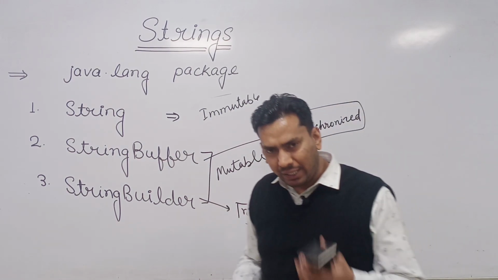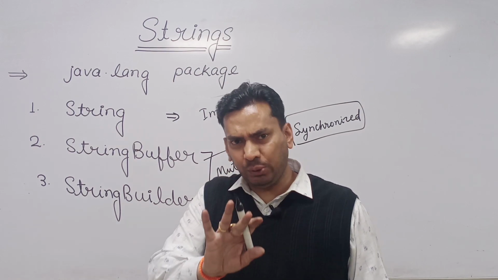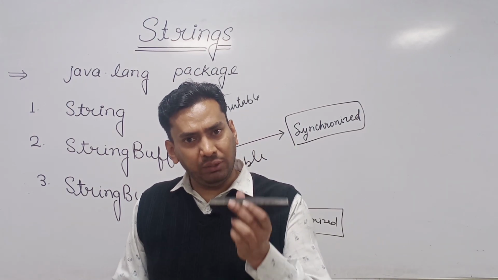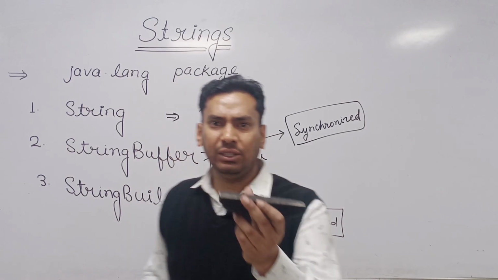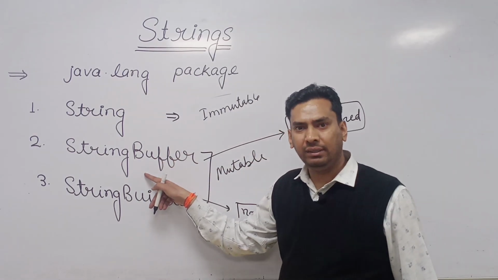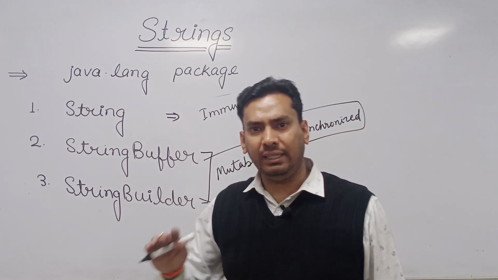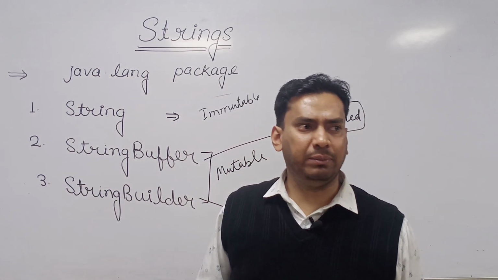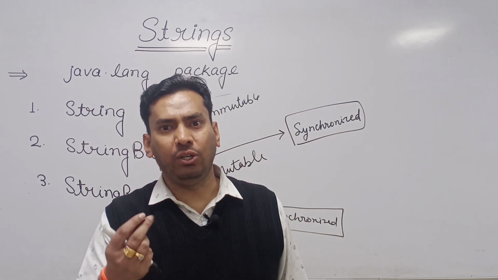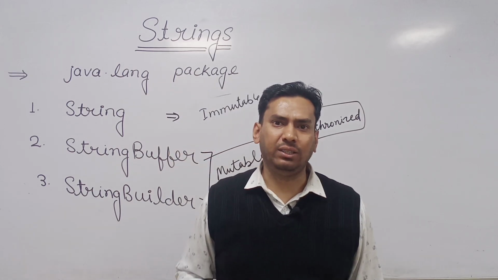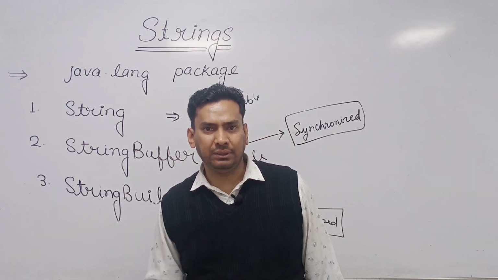So if you feel that you are going to create a string which is mutable, you want to modify it, but you feel that only one thread should be allowed to access it, you will go for a StringBuffer. Because StringBuffer provides you the feature of synchronization, and at the back end synchronization is implemented using the concept of locking. You might have studied in the operating system different locking mechanisms, semaphore, right?